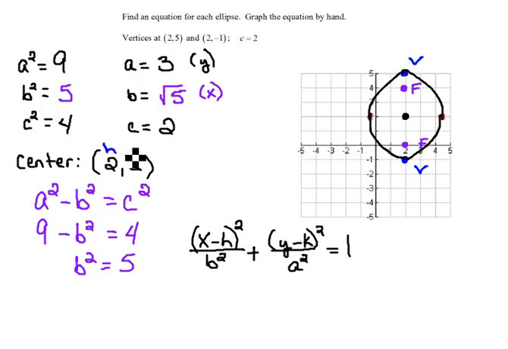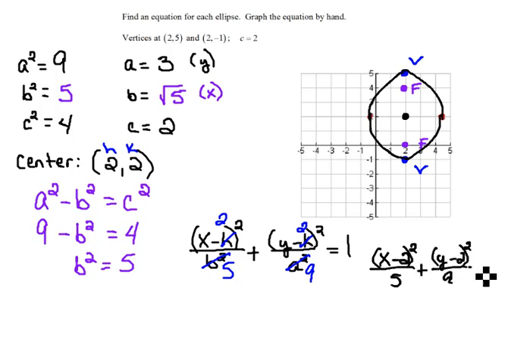We know h and k from the center is 2 and 2. We know that b squared is 5, and that a squared is 9 from keeping track of our information. So our equation is going to look like (x - 2) squared over 5 plus (y - 2) squared over 9 equals 1.